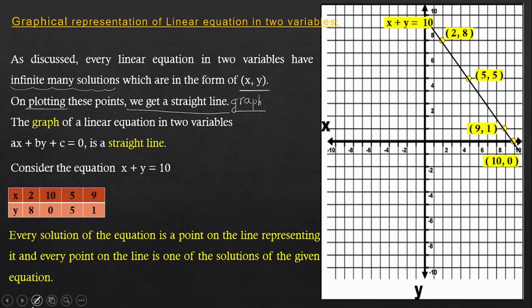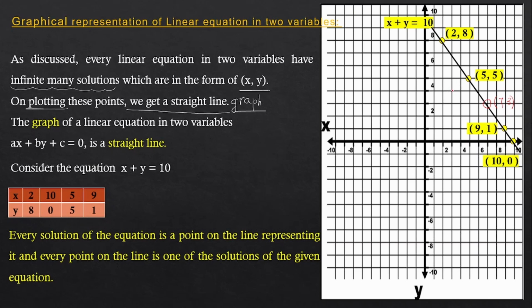Now, for example, if I pick up a random point on the graph, let us take a point over here. This particular point is 7 comma 3, and we can say 7 comma 3 will also satisfy this equation. So every point which is on the graph represents a solution for that particular linear equation.